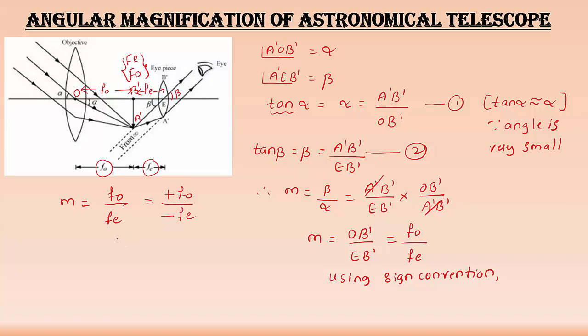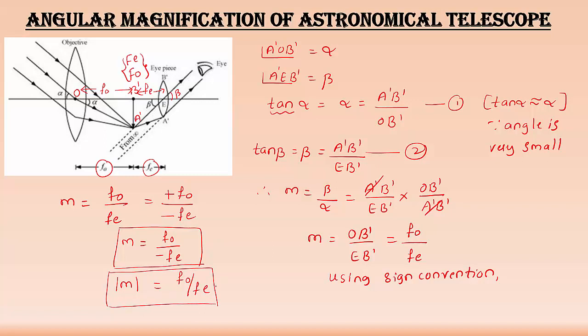So the angular magnification of an astronomical telescope is given by m equal to FO divided by minus FE. Or if we write only the magnitude, mod m equal to FO divided by FE. So this gives the magnitude of angular magnification of an astronomical telescope.